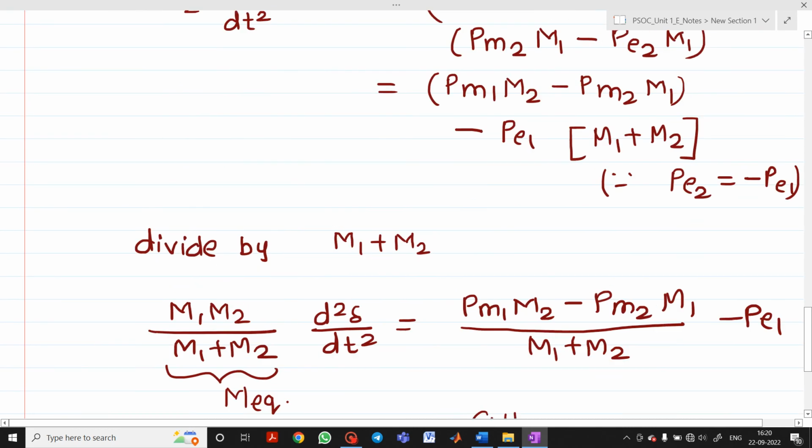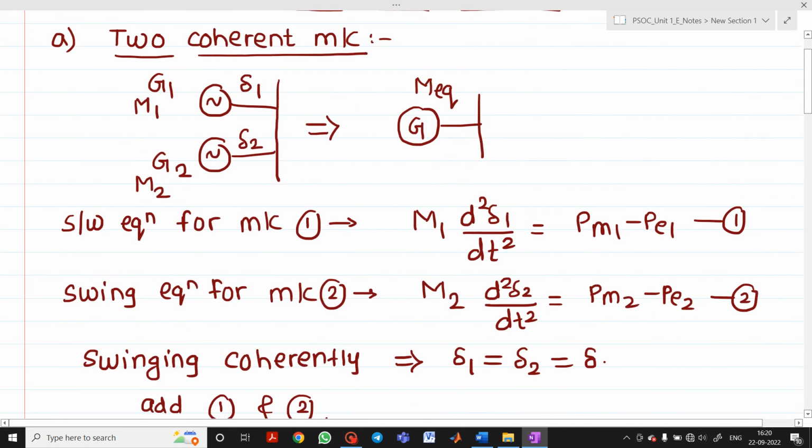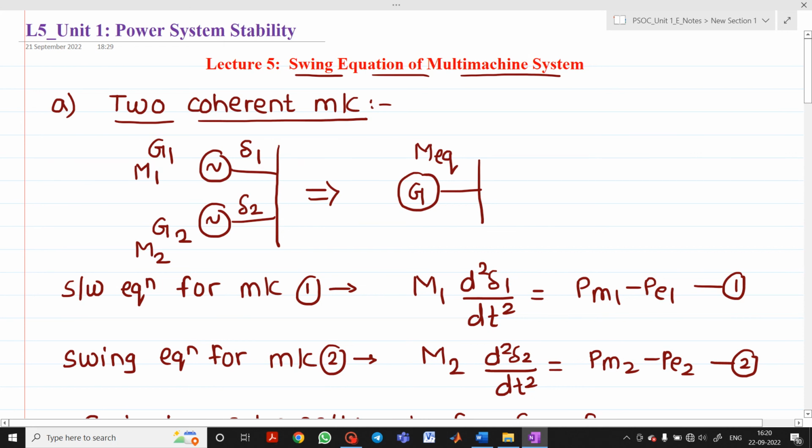So this is the derivation of the swing equation when we have a two machine system or multi-machine system. What happens if both the machines are swinging coherently, and if they are swinging non-coherently? This is the derivation. Thank you for watching this video.